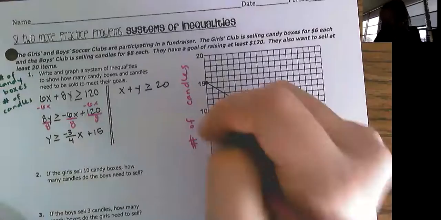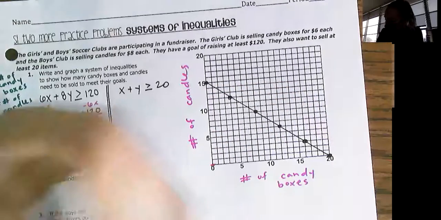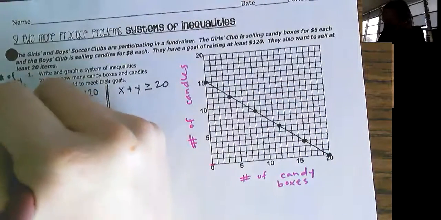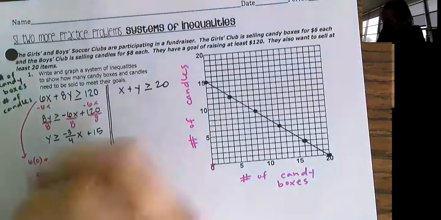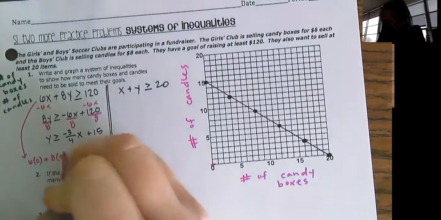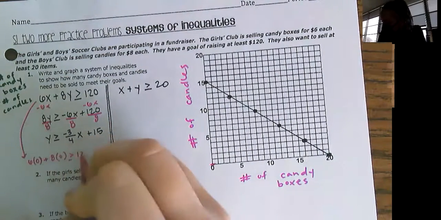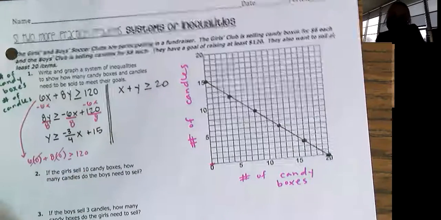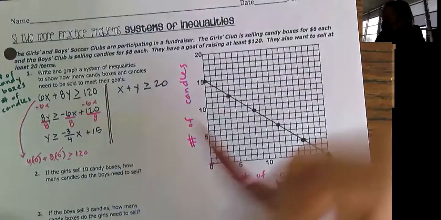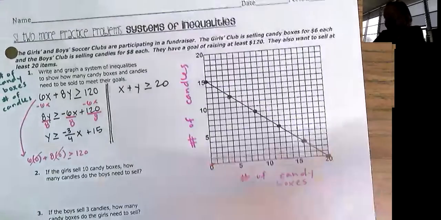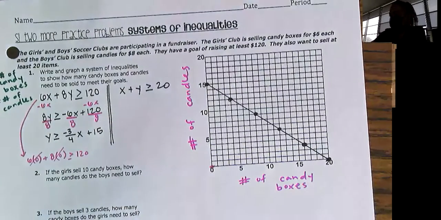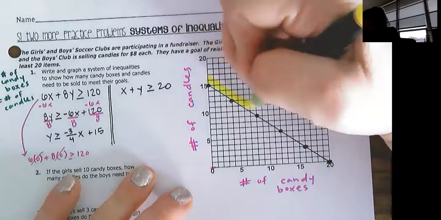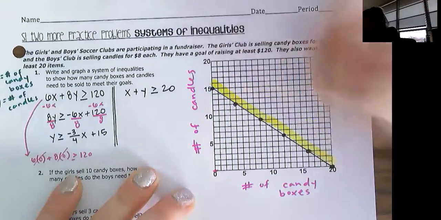If I test the origin 0, 0, I would have 6 times 0 plus 8 times 0 is greater than or equal to 120. Now, ninth graders, is 0 bigger than 120? No, it's not. So I cannot shade this side with a star. I have to shade everything above it. So I'm going to shade above that first line that I just drew.